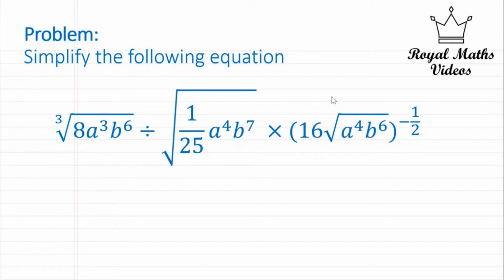So all of this is to the power of minus 1 over 2. So the solution is 5 over 2a squared times b cubed.